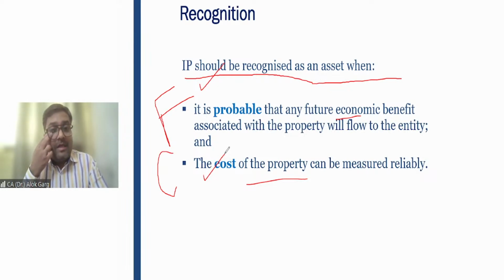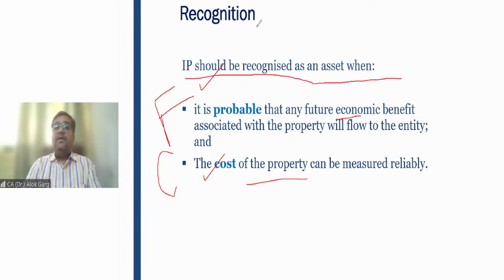Because the government has declared that area as a cantonment area, as an army area. So government said that no, you cannot construct your house on that land. You cannot do anything. So okay, we'll give you compensation, but the answer is no. After 2 months, will it be classified as investment property? Answer is no. Why? Because it is not held for rental or capital appreciation. You cannot hold it for rental or capital appreciation, right?